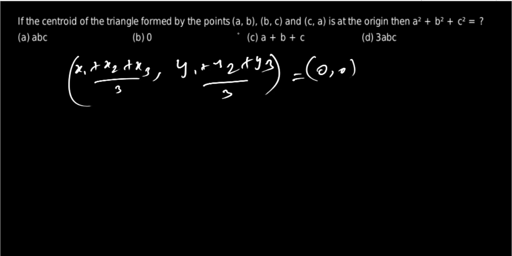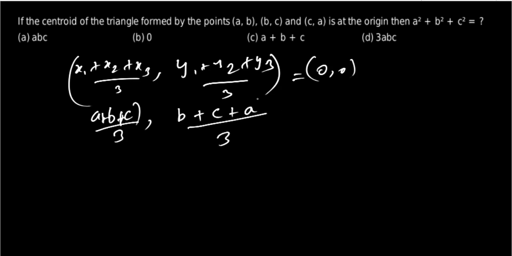First let me substitute x1, x2, x3. Here x1 is a, x2 is b, x3 is c. So the x coordinate is a plus b plus c divided by 3, and the y coordinate will be y1 is b plus y2 is c plus y3 is a, whole thing divided by 3.